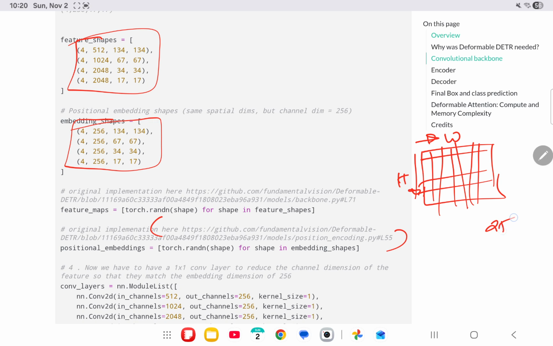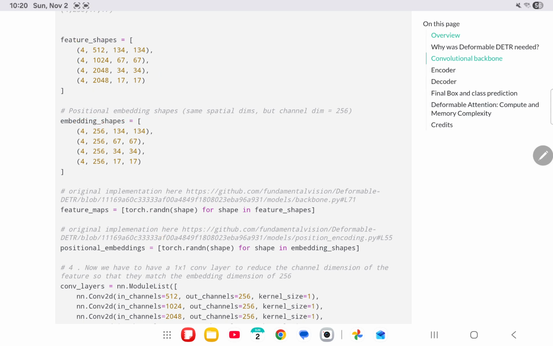So what they do is, suppose your embedding is 256, the first 128 will encode the positional embedding along the vertical direction, and the next 128 will encode it along the horizontal direction. How they encode is very much similar to the sine cosine position embedding that we see in the original Attention Is All You Need paper. Here also I'm just giving random shapes, because that is not what I'm trying to discuss here.